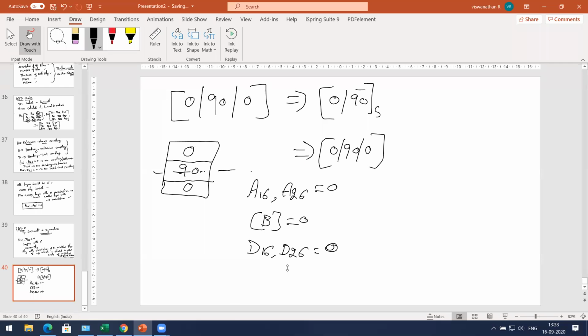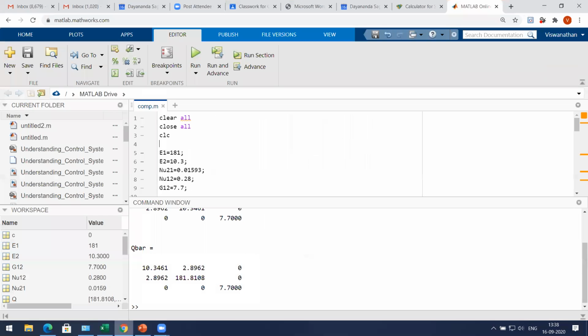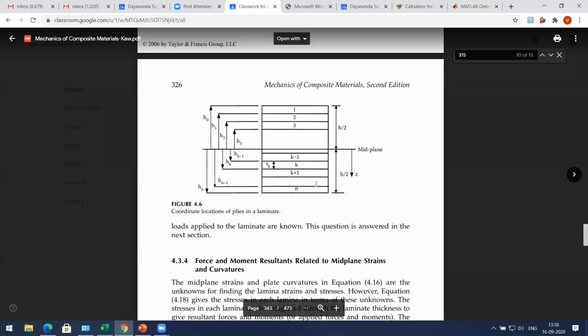So this is the coordinate locations of plies in a laminate. This is the mid plane, and you have this as the K layer, for example. Then this will be K-1, and the down one would be K+1.